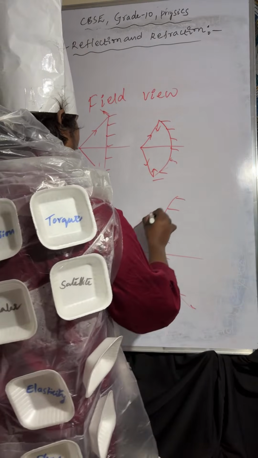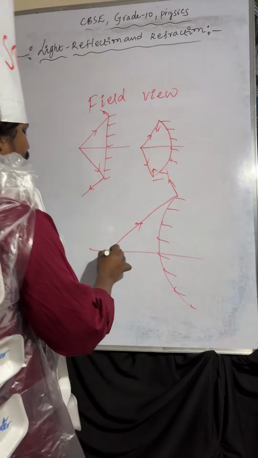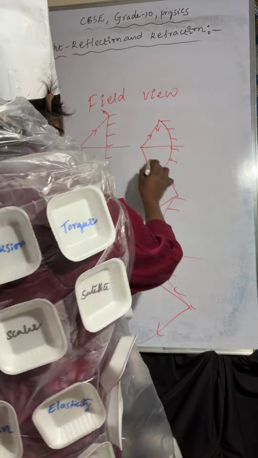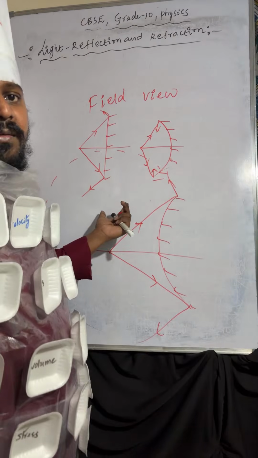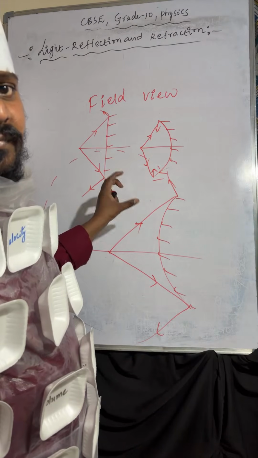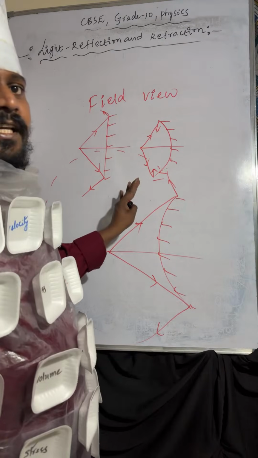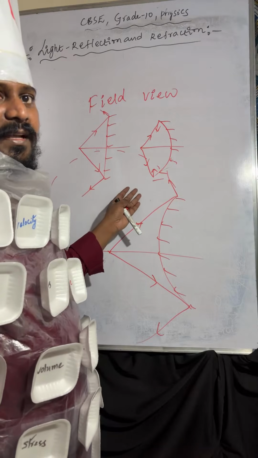So here, the region between two extreme reflected light rays, we can see this much. If you place any object in front of the mirror, we can see this much view. So the field is more for convex mirror.